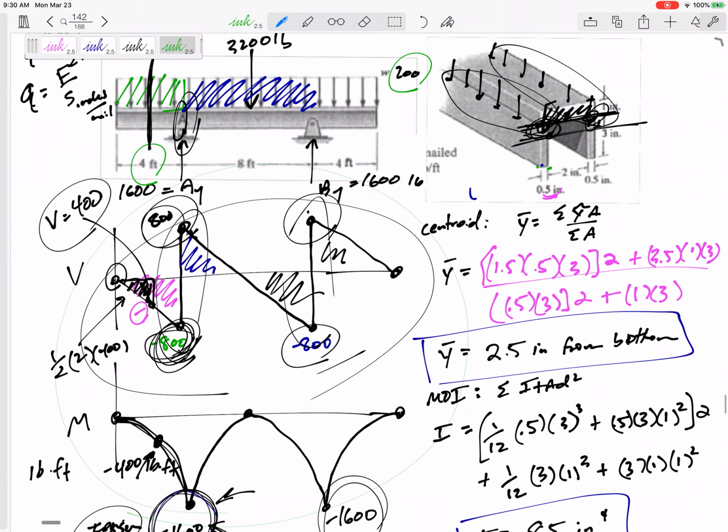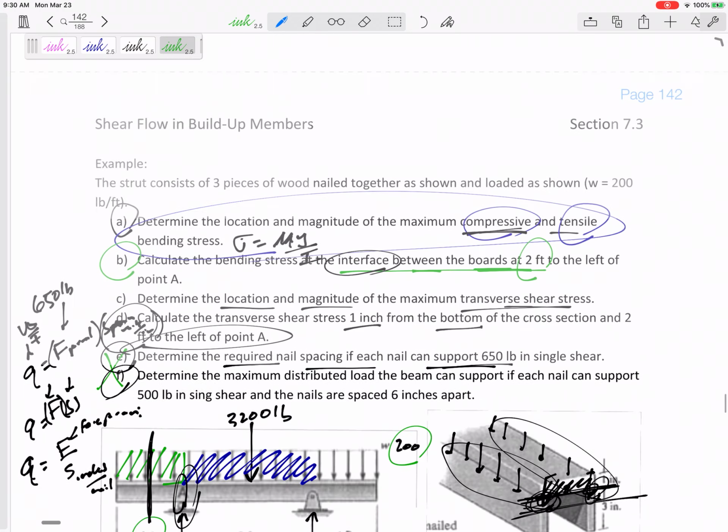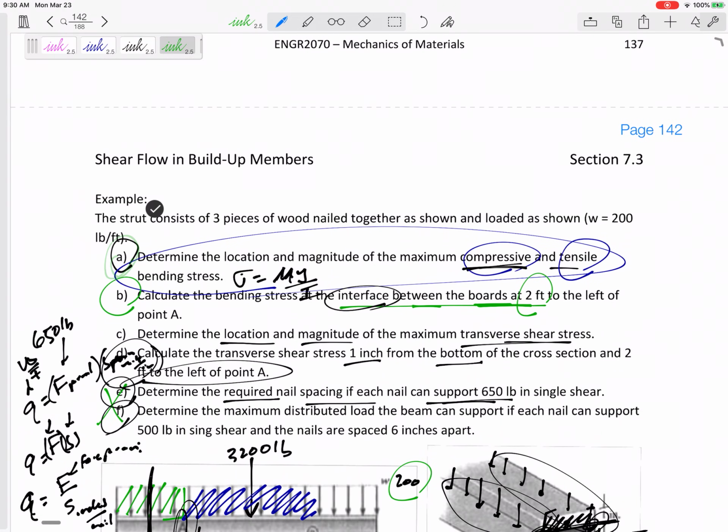So you need to find the maximum moment on your moment diagram, and you need to know that the maximum bending stress occurs at the very top or the very bottom. So that's one thing I can ask you. But I could also ask you, hey, what's the bending stress at this location, at this point?